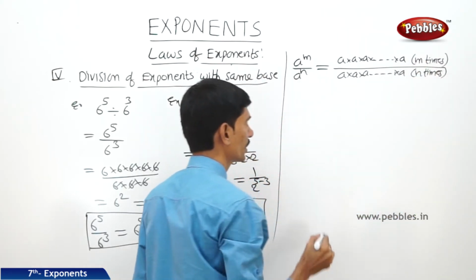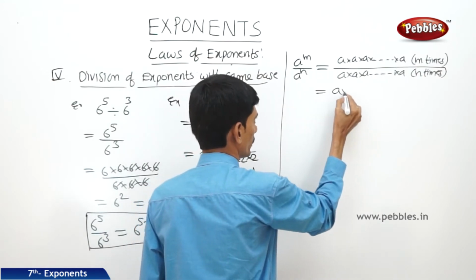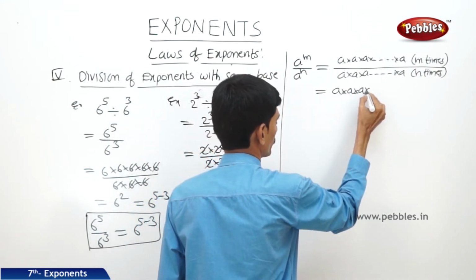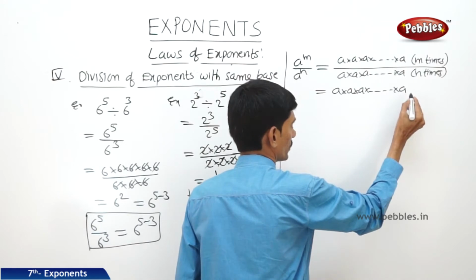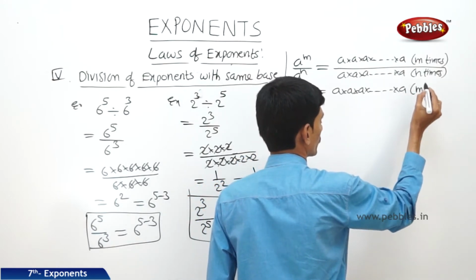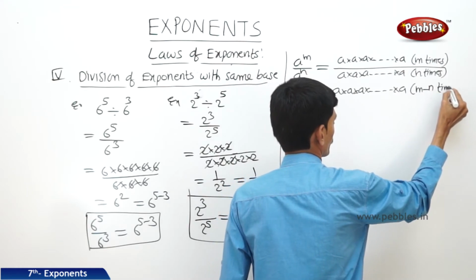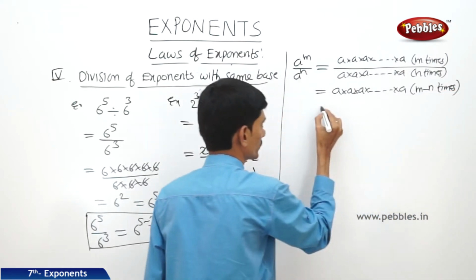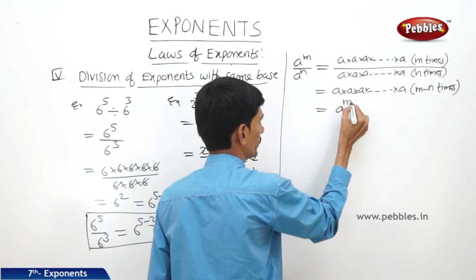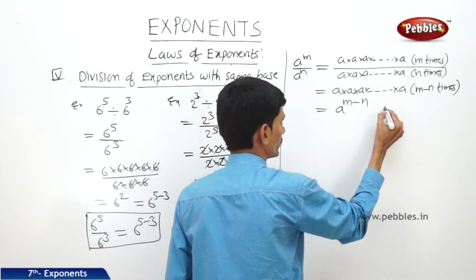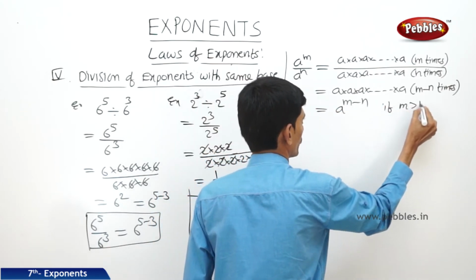If here m is greater than n, then we get a into a, m minus n times. Now this can be written as a to the power of m minus n. So this is if m is greater than n.